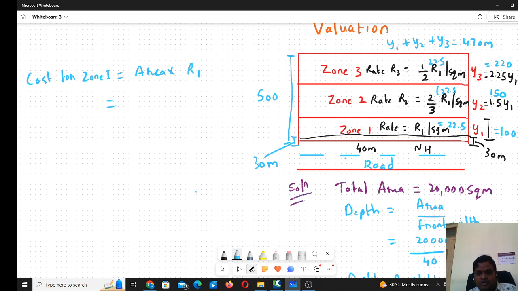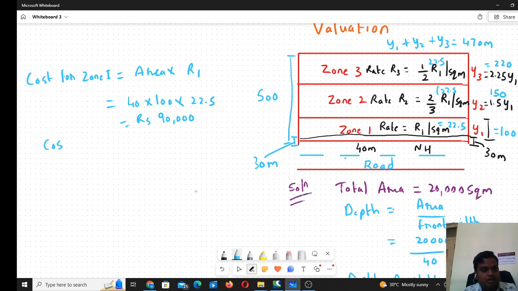Now area will be 40 into 100, and rate R1 is 22.5. Now just calculate 40 into 100 into 22.5. This comes out to be rupees 90,000, right?